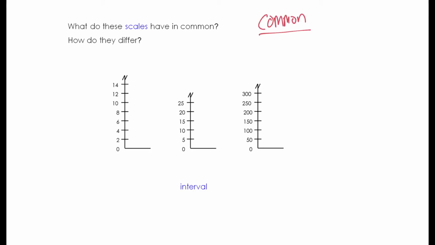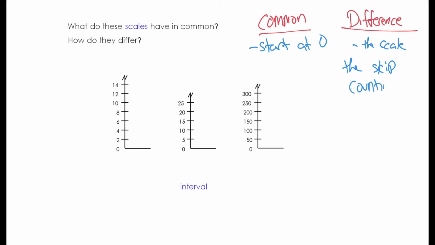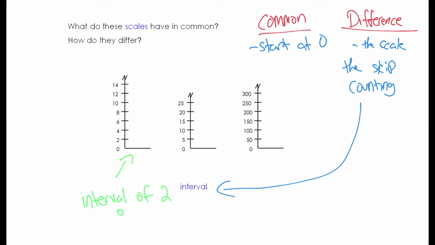They start at 0. And the difference is the scale, what they skip count by. That's called an interval. So let me give you a closer example. This interval of 2 or skip count by 2.